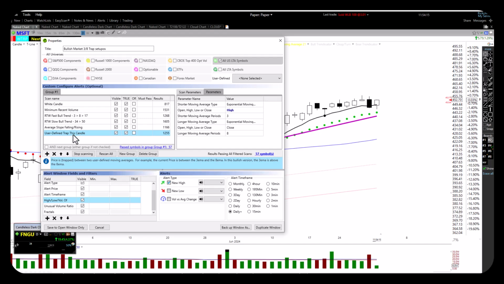I'm going to skip down to the bottom one and come back to this rising one in a minute. I use user defined trap, this candle. There's several little traps in the system that you can get. This is the one I use for this scan. So user defined trap, this candle, so the current candle. The only thing I change is that it'll open up out of the box on close. I change mine to high because I want a broader net, and I recommend that to everybody.